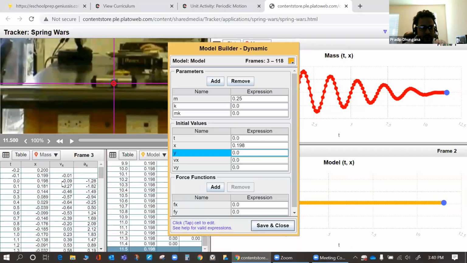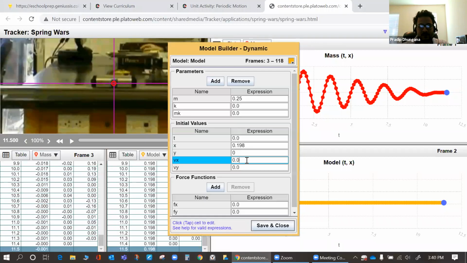Bx is negative 0.09. Y is 0, sorry. And Bx is negative 0.09.